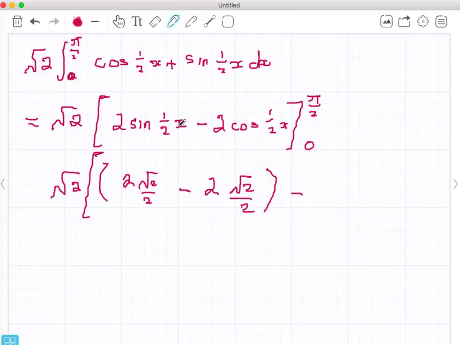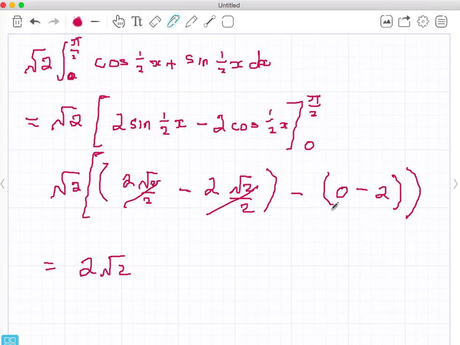So the 0 goes into here to give me 0. Cosine 0 gives me 1, so I've got 0 here, minus cosine 0 gives me 1, so this is going to be minus 2 from the second bracket. So this is cancelled out, and plus 2 here, so it gives me the final answer of 2 root 2. This cancels out. Minus minus makes it 2, times it by this, root 2.